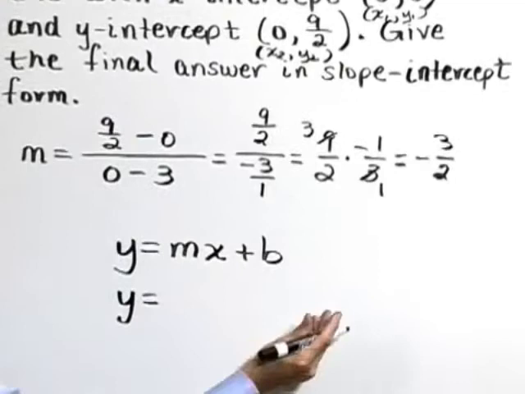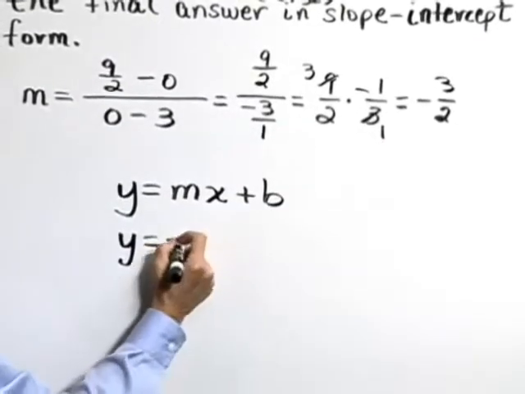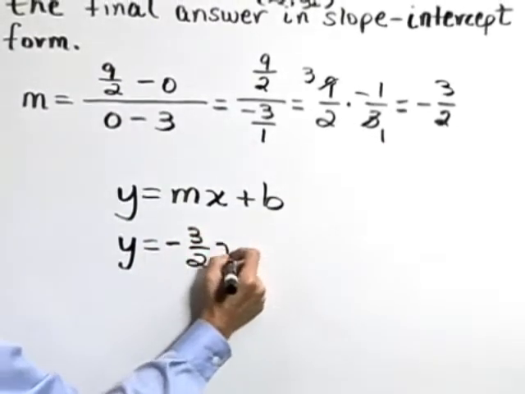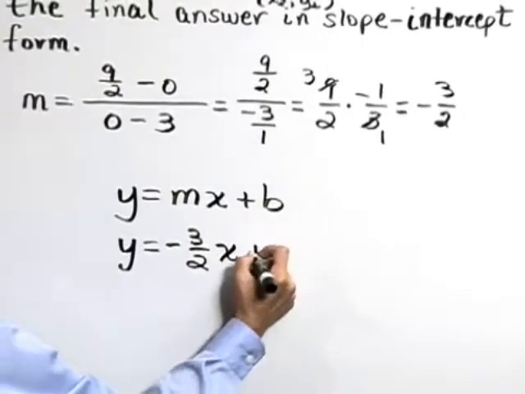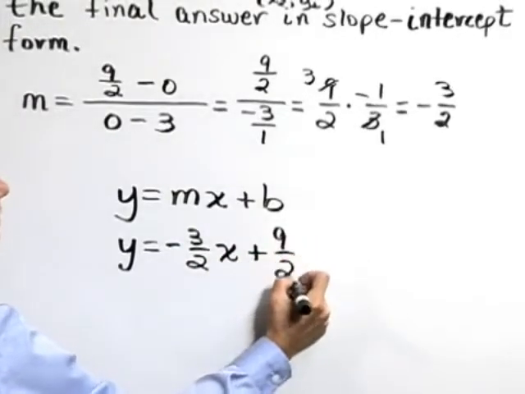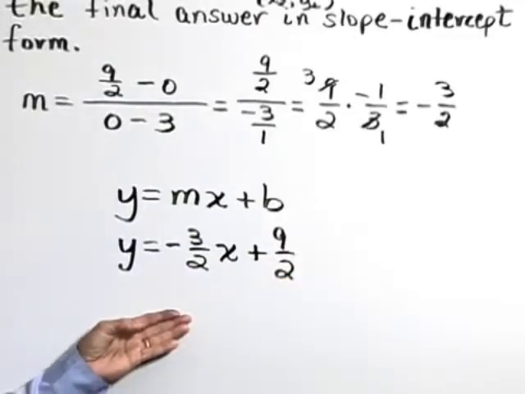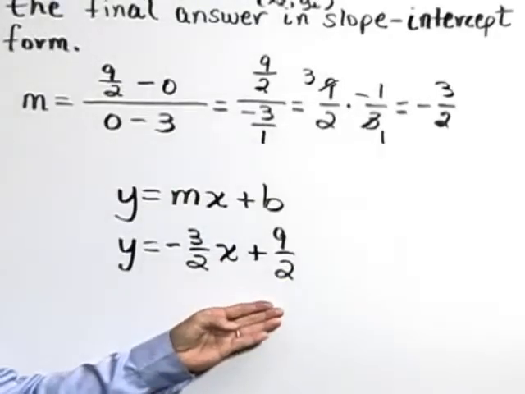The slope we found to be negative 3/2, and the y-intercept from above is 9/2. Therefore, the equation of this line with an x-intercept of (3, 0) and a y-intercept of (0, 9/2) is y equals negative 3/2 x plus 9/2.